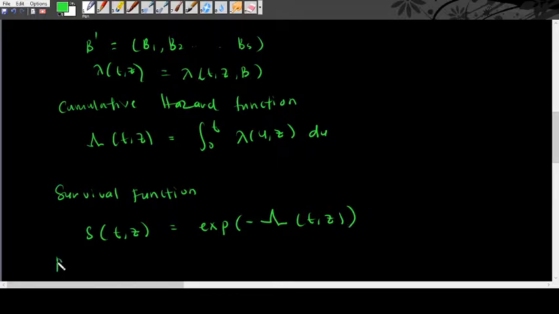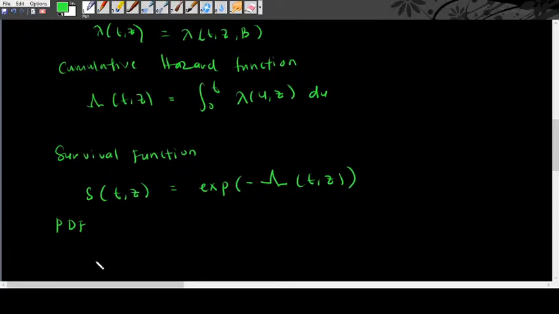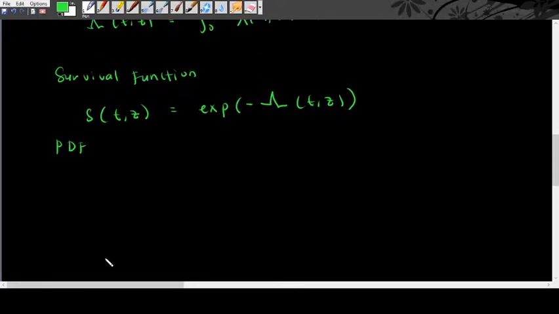And for this case, the PDF will be the hazard times the survival function, so you are going to get lambda(t, z) times S(t, z).